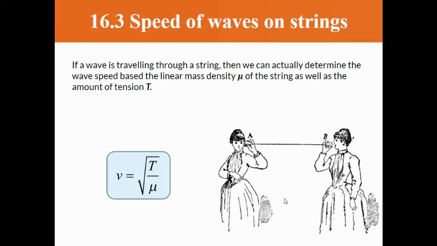And the inverse relationship for the speed of waves on strings is that of the speed and the linear mass density. So this is just saying that the denser the string is, then the harder it is for the wave passing through it to accelerate it, to really get the particles moving.